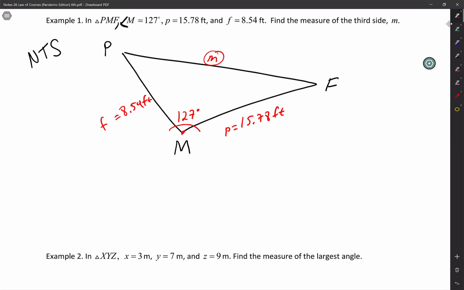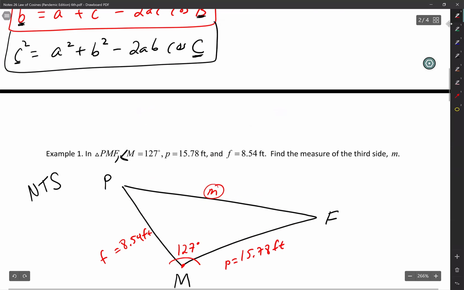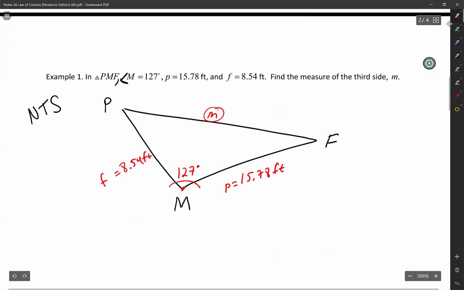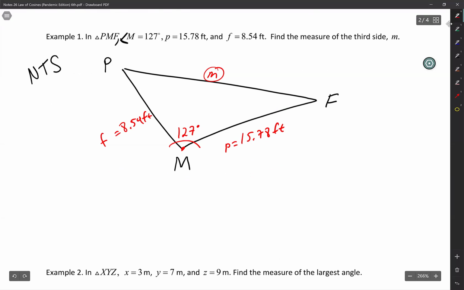So here we go. All I'm doing is using the law of cosines to find that missing side. I'm going to put that on the outside. M squared equals, and because I have angle M, everything's positioned perfectly. I like to write the smaller side first. If you want to put 15.78 first, that's fine. 8.54 squared plus 15.78 squared.